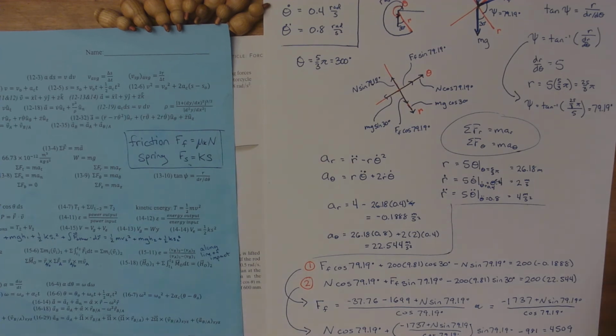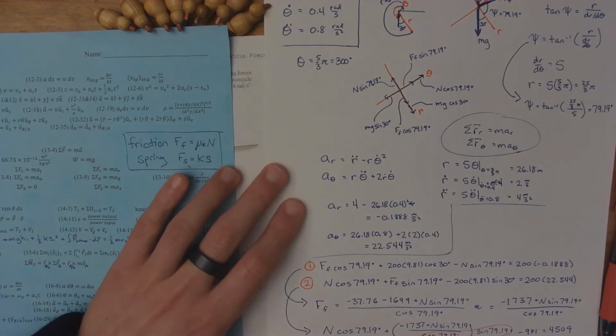The sine and the cosine that I have here, I can make that a tangent of 79.19 degrees, and I have now one equation, one unknown, so I can solve this for n.